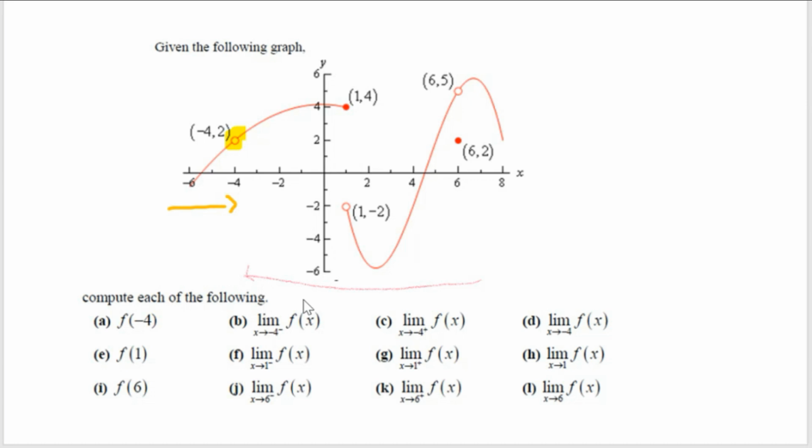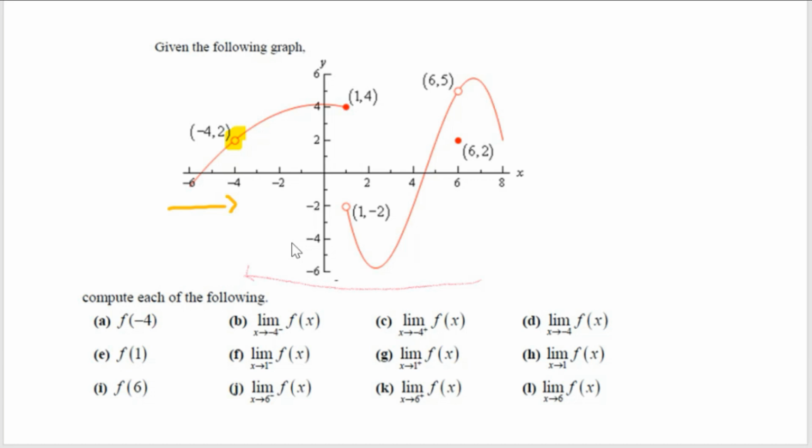Then if you look at that, we have the value equal to 2 as well. So the function is approaching a value of 2 as x moves in towards negative 4 from the right. Okay, so in that case, that is a function.